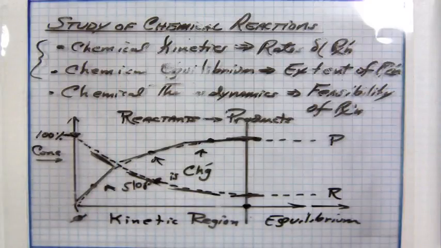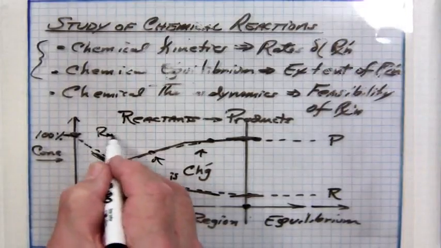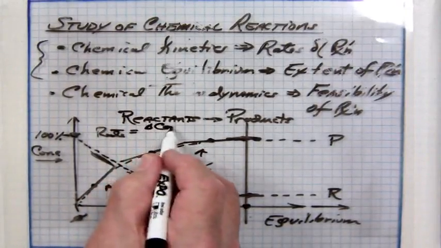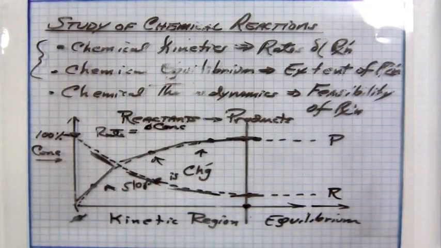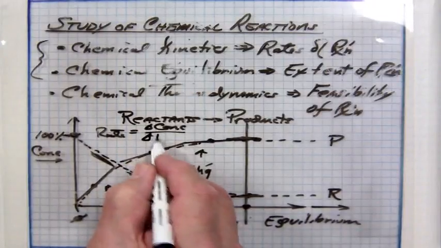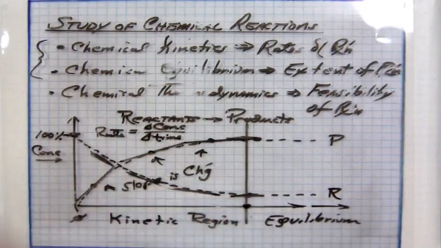What you're looking at is a case where the rate of the forward reaction, as the reaction begins to reverse itself, so to speak, is equal to the rate of the reaction in reverse. And again, this is the law of mass action.